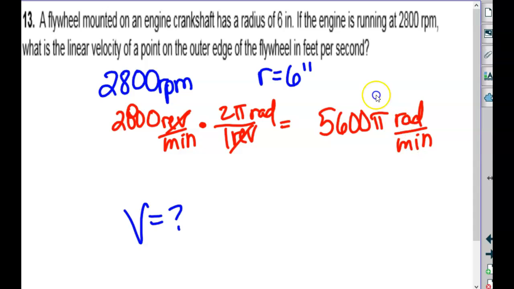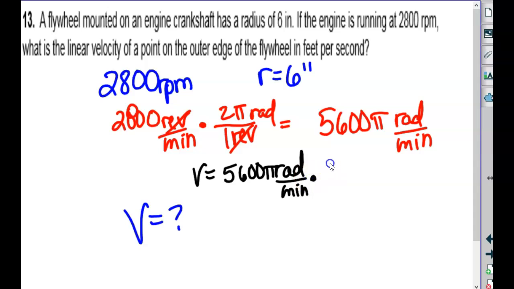At some point I have to change to feet per second, but the formula for linear velocity is angular velocity of 5,600 pi radians per minute times the radius, which is 6 inches. Now what do you want to do to make it feet per second?